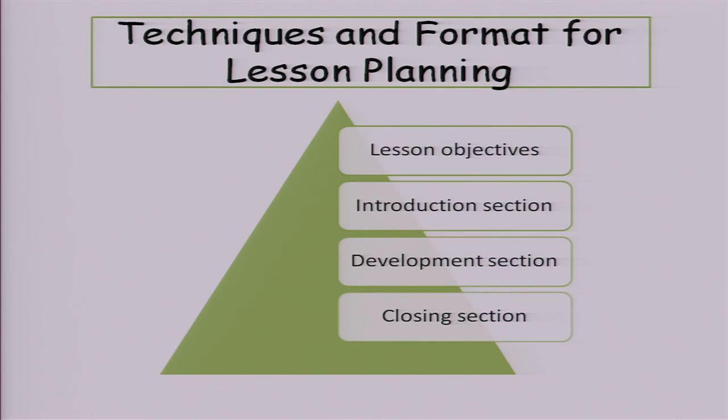For every lesson plan, we know that there are general objectives and specific objectives. In short, when we quote Bossing's definition of lesson planning, we can state that it is a plan of action. What type of action? It takes place in the real classroom situation. So, the lesson objectives are an important part.